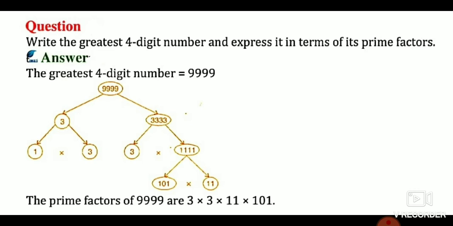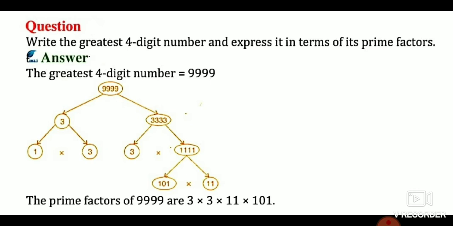If you multiply 3333 into 3, again you will get 9999. So 9999 is written as 3 into 3333. Here look at this picture.